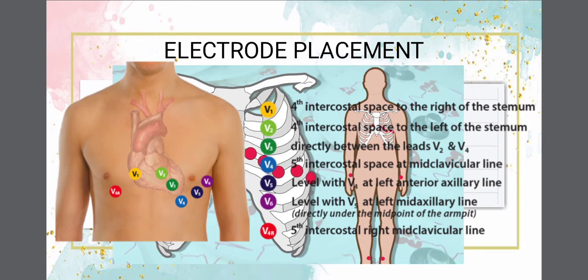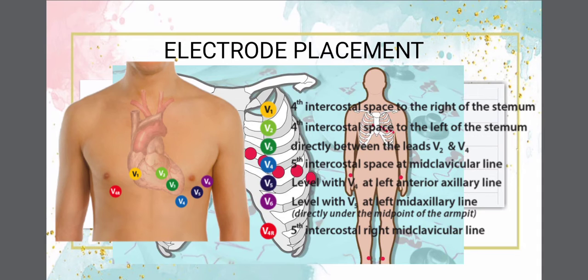V1 is placed on the fourth intercostal space at the right sternal border. V2 is placed on the fourth intercostal space at the left sternal border. V3 is placed halfway between leads V2 and V4, while V4 is placed at the fifth intercostal space in the mid-clavicular line.